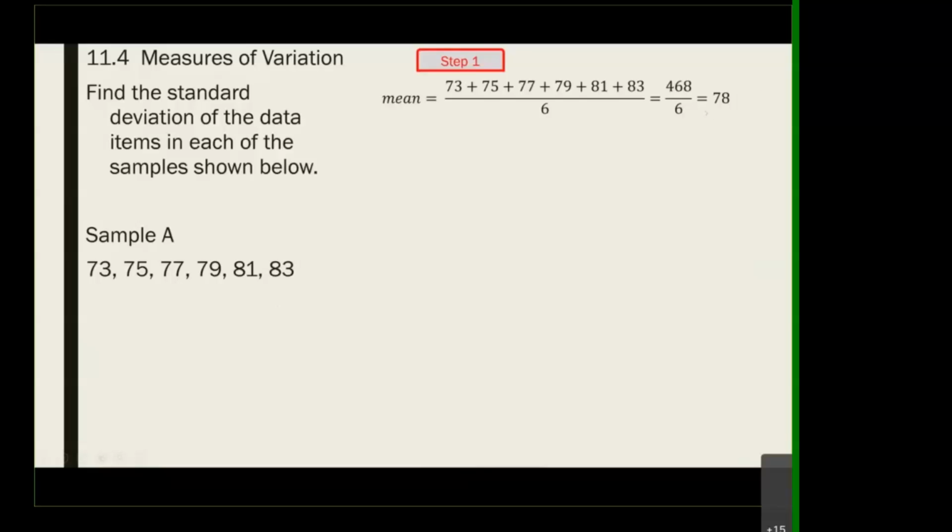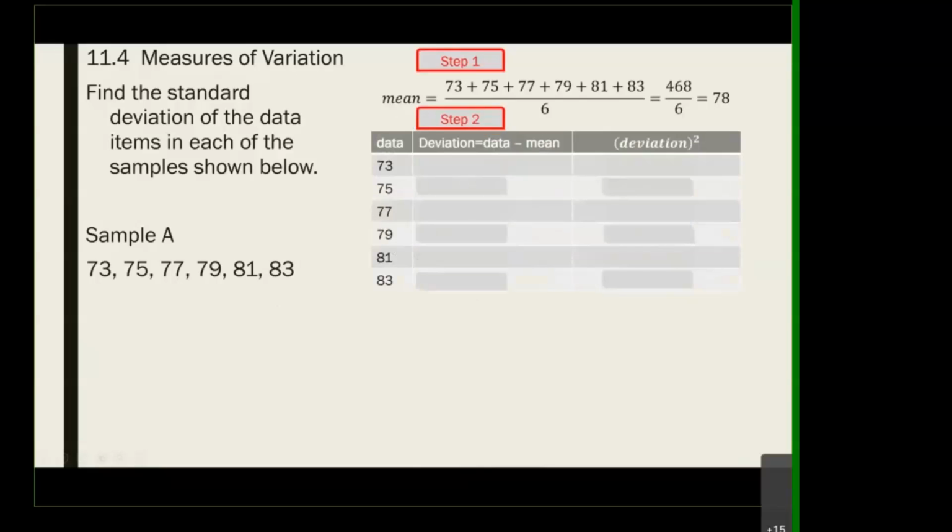Okay. Once you have this, this is the chart, which is step 2. This is the chart I want you to create. I have my data, which is 73, 75, 77, and so on and so forth.